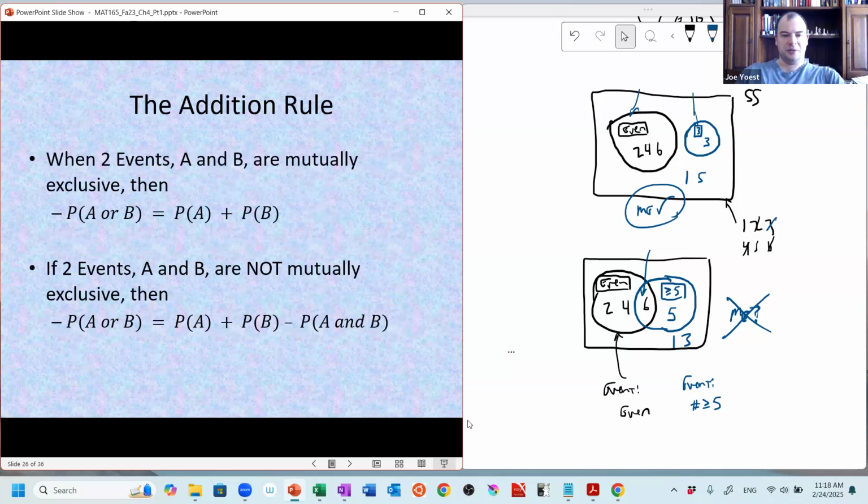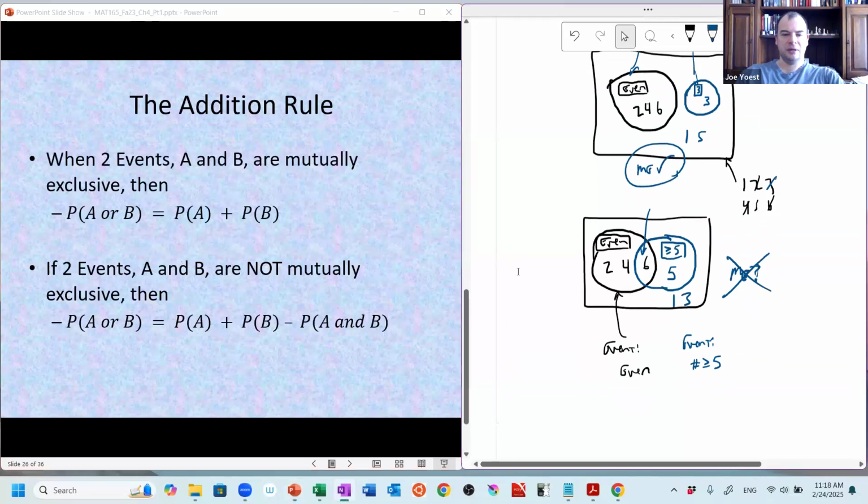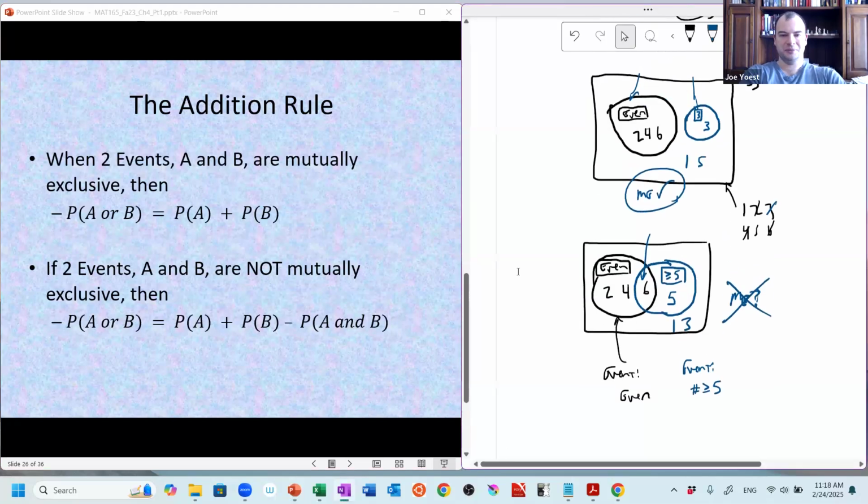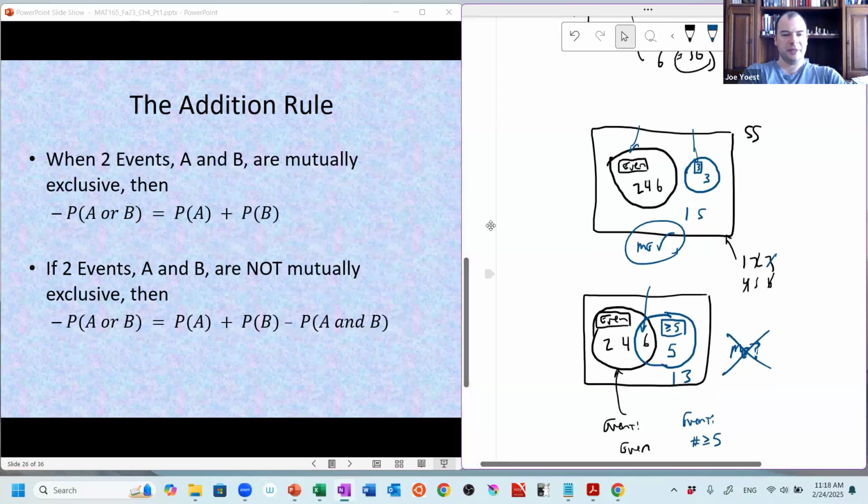Okay, so what is the addition rule? When two events are mutually exclusive events, we have a nice form of the addition rule. Remember, the probability is the number of outcomes that satisfy whatever we're talking about divided by the total number of outcomes in the sample space.